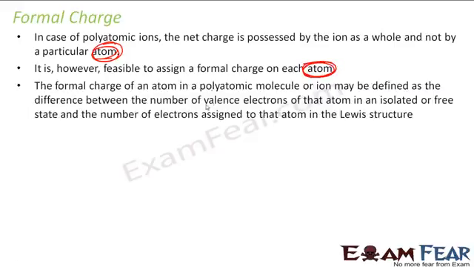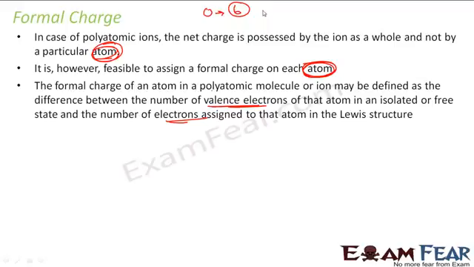The formal charge on an atom in a polyatomic molecule is nothing but the difference between the number of valence electrons of the atom in the free state and the number of electrons assigned to the atom in the Lewis structure. We'll explain with an example. Oxygen has 6 valence electrons in its natural form.